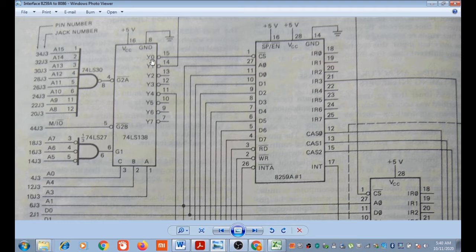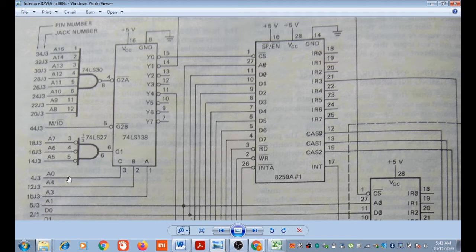That is, this Y0 output of 74LS138 will be selected when 000 comes on these lines, CBA. This is the MSB.